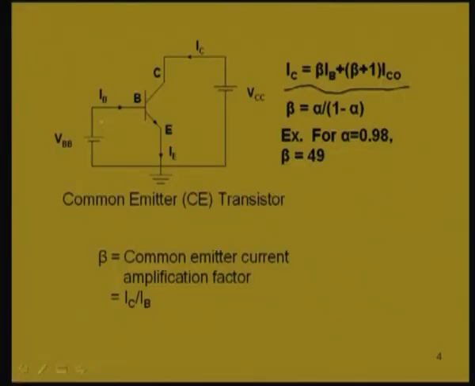That means we get quite a high value of beta, and that is why we can get a very high collector current IC even though IB is small, because the base current IB is in the order of microamperes, but IC will be in the order of milliamperes. In this common emitter configuration the input current is IB, the base current. So, by varying this base current we can vary the collector current enormously. That is the main advantage of this common emitter transistor.